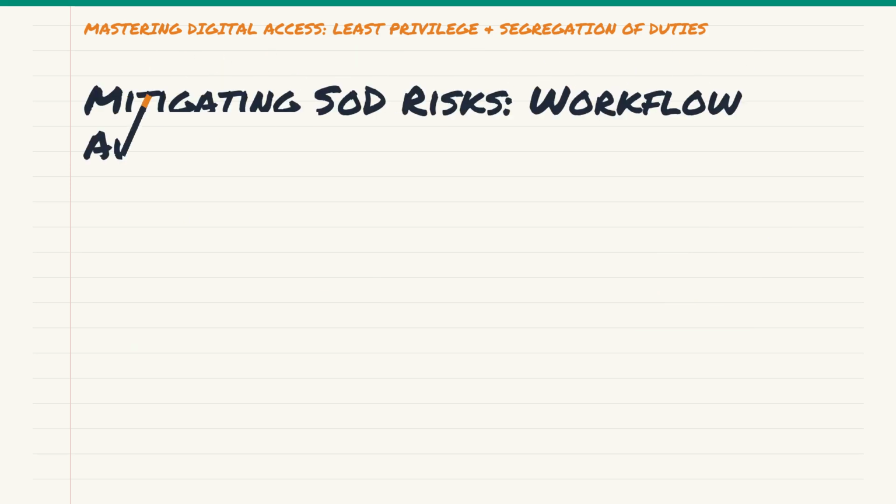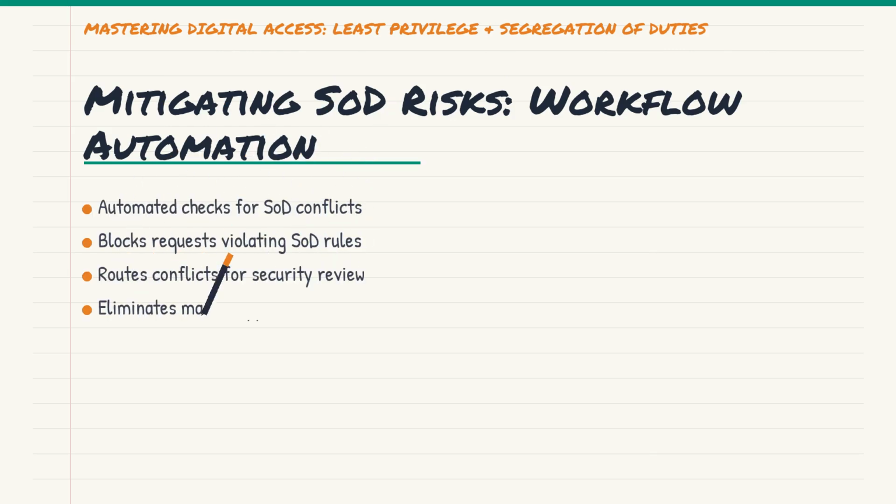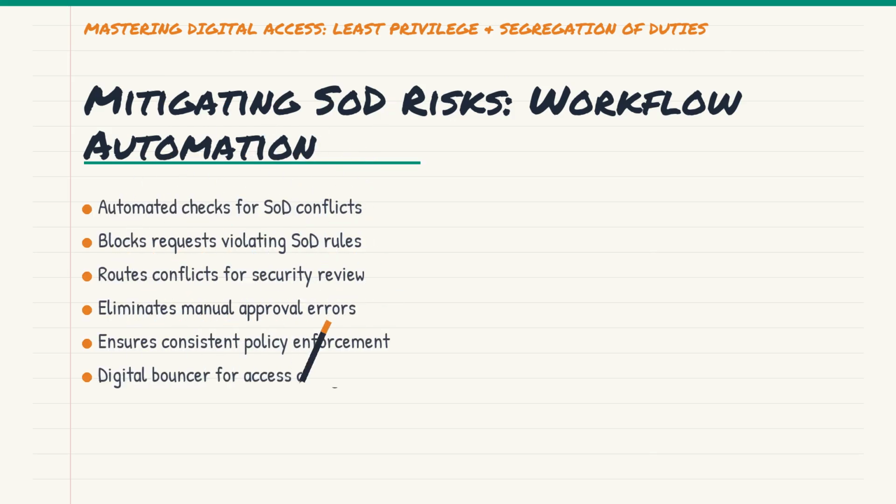Modern IAM systems can take SOD enforcement a step further with workflow automation. When a user requests new access, or when their role changes, an automated workflow can kick in. This workflow can automatically check if the requested access, combined with their existing privileges, would create an SOD conflict.